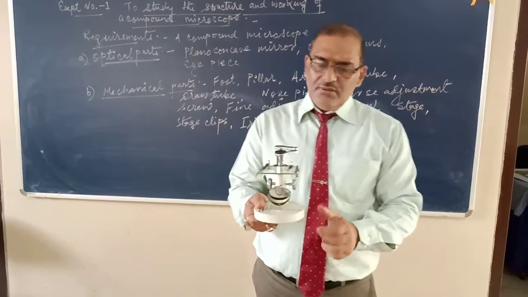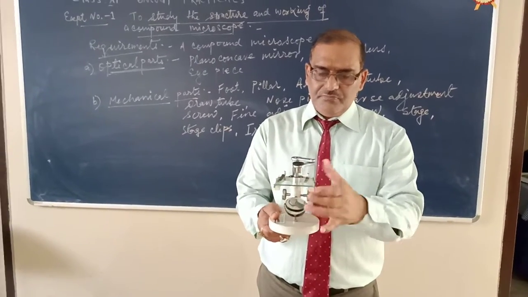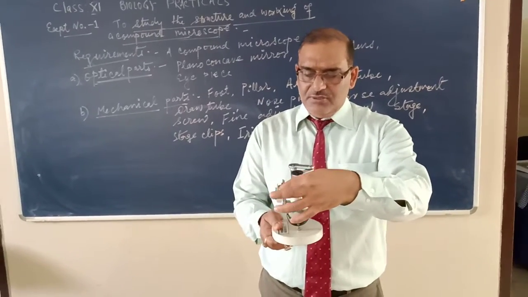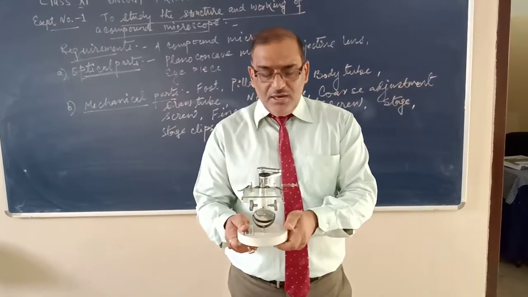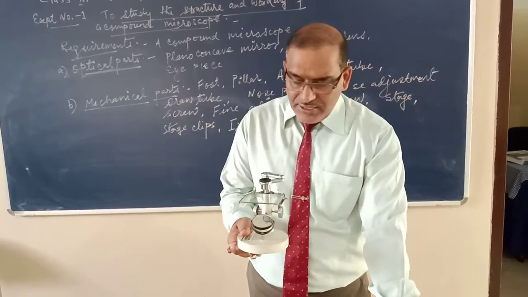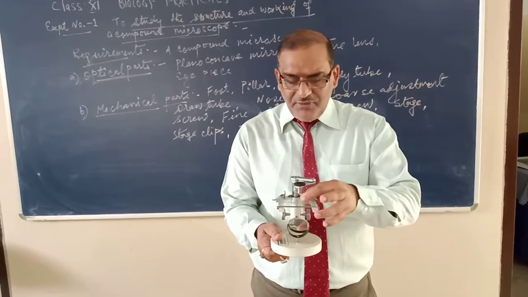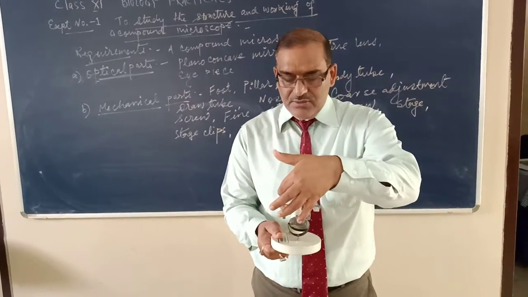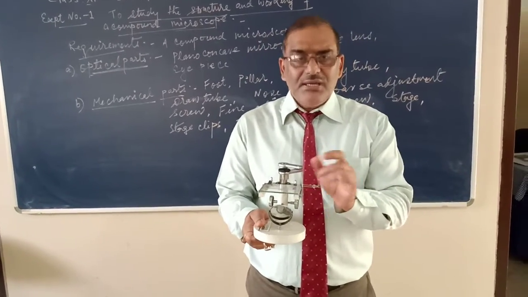Now the next part is the stage. The stage is fitted with clips called stage clips. These are two stage clips. What for? These stage clips are to fix the slide. When we want to see any slide, we can place it over here and it is fixed with the help of stage clips like this, so that it may not be disturbed.